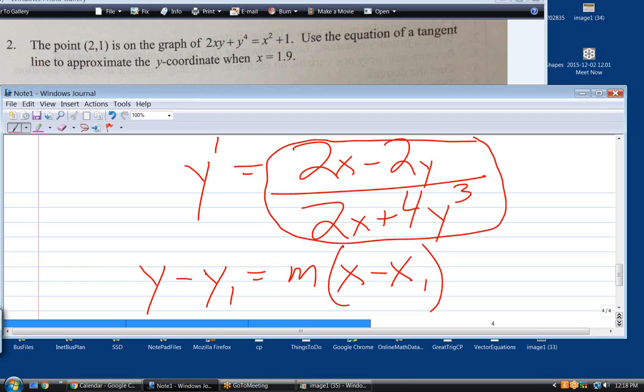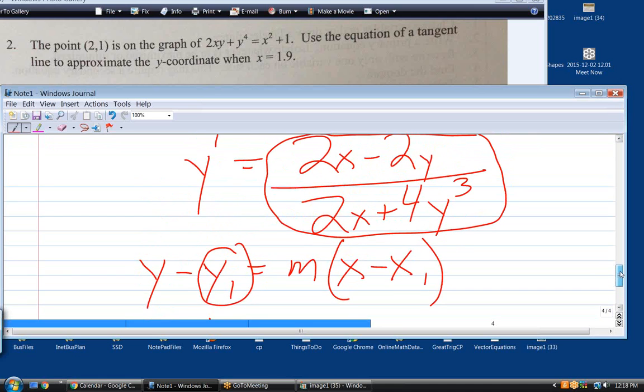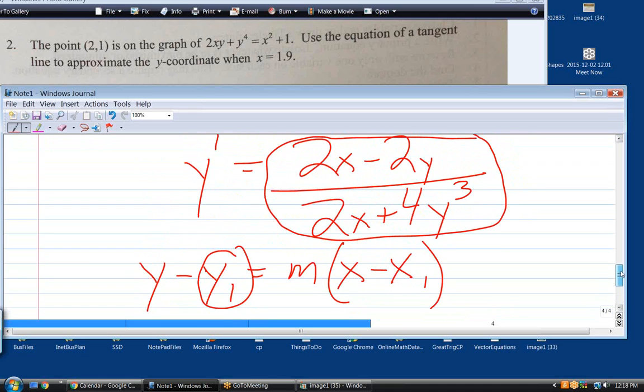Okay? And we know what y sub 1 is. It's 1. And x sub 1 is 2. So let's do some plugging in here and see what we have. We have y minus 1 equals, what's the slope? 2x minus 2y. Let's see, I can divide top and bottom by 2 there.